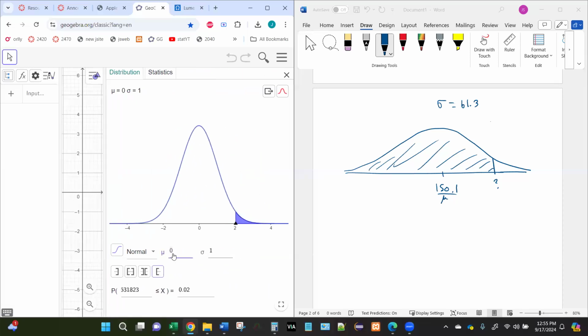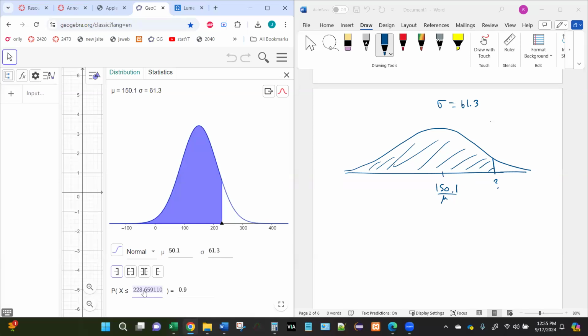It's much easier. So I put in the mean value, 150.1. I put in the standard deviation, 61.3, and then for the area to the left, I want that to be 90%. Again, percentages, proportions, areas, probabilities, those are the values on the outside. The number on the inside is the value from the distribution.